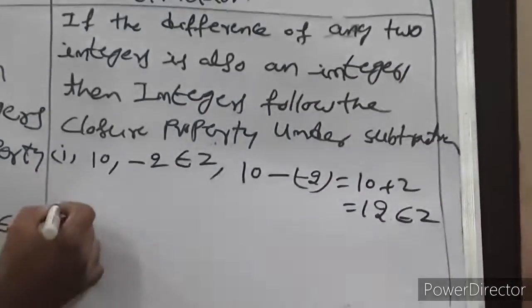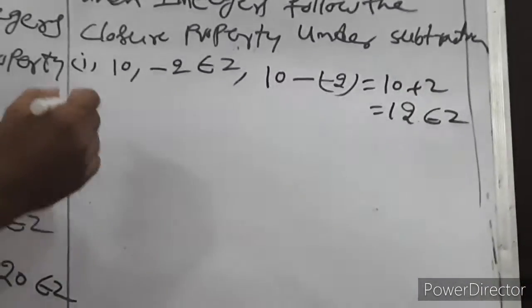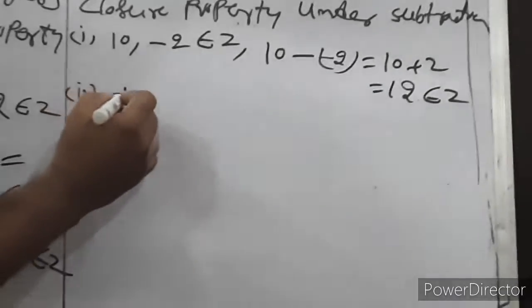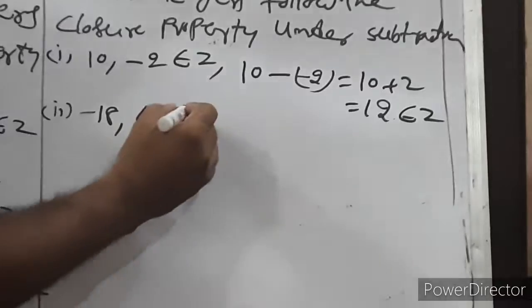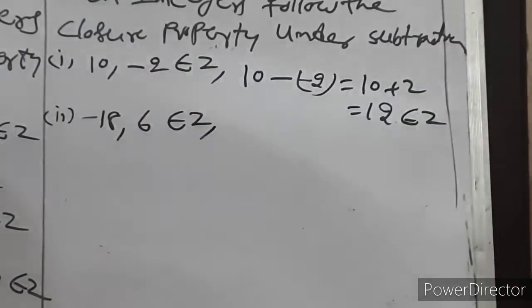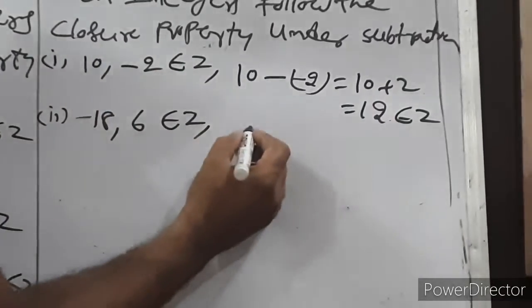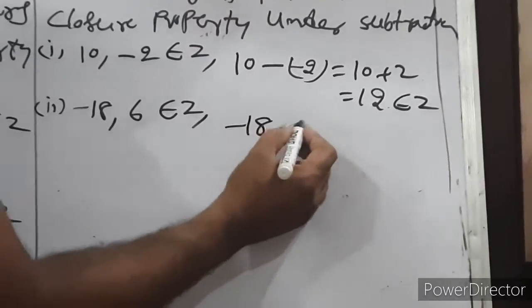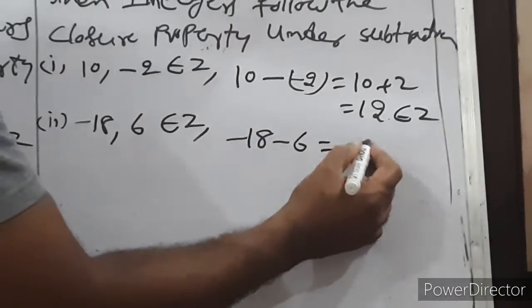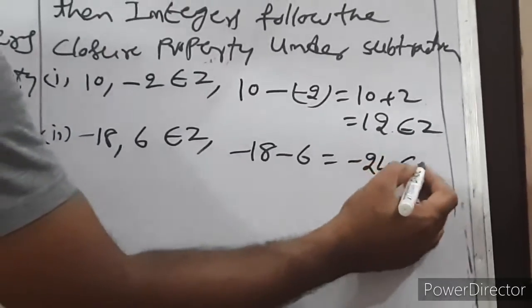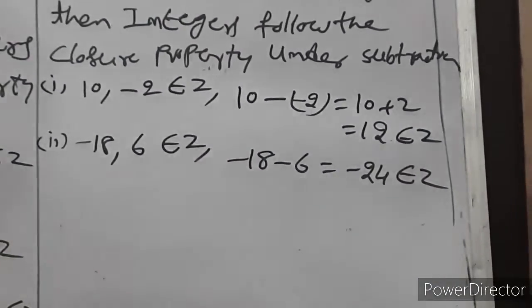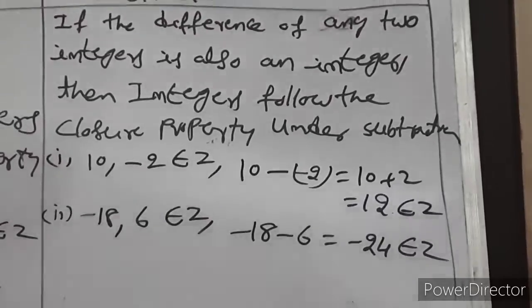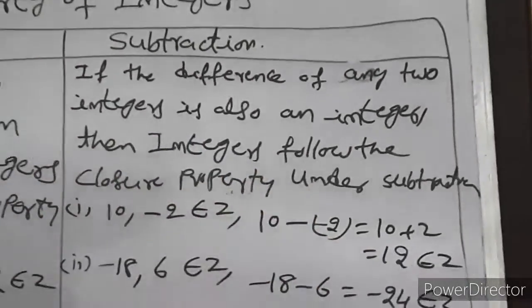So we take another example. -18 and 6 are integers, that is, they belong to Z. What is the difference? The difference, -18 minus 6, is equal to -24. It is also an integer. That means if you take any integers, the difference is also an integer.